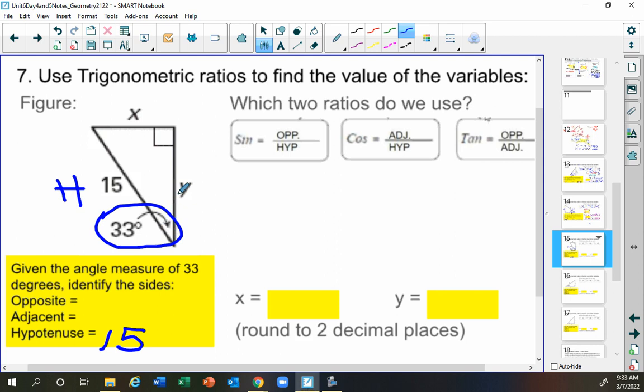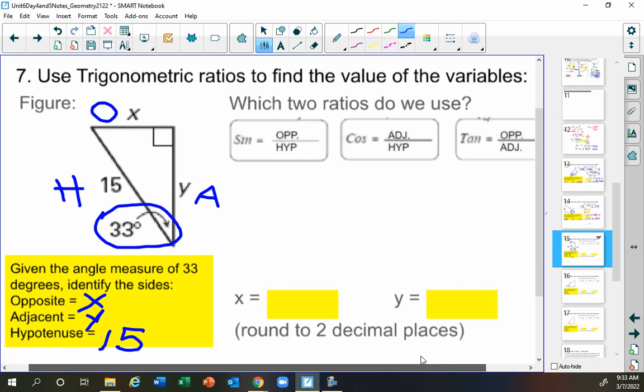So if it's a part of the 33-degree angle, that means the y touches, adjacent, yeah. The y is your adjacent. Therefore, what has to be the opposite then? X. Because it's all relative to the angle we're focusing on, our reference.